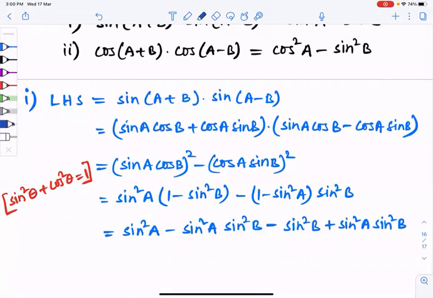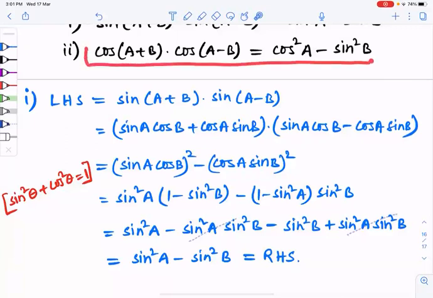And you can see that these two are getting cancelled. So our expression is simplified as sin²A minus sin²B. And that is what I have to prove. This is the right hand side. That's all. Easy. So similarly, you should try to solve the second part.